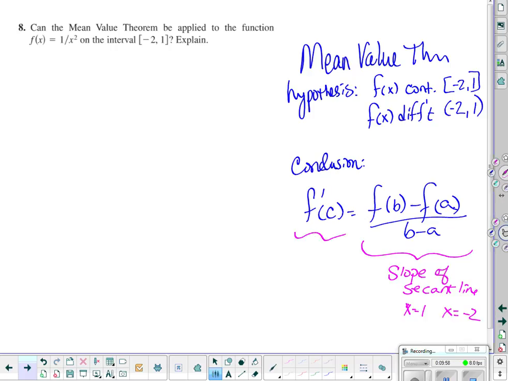And then this, of course, is our first derivative. Okay. Let's go check to see if this function is continuous.